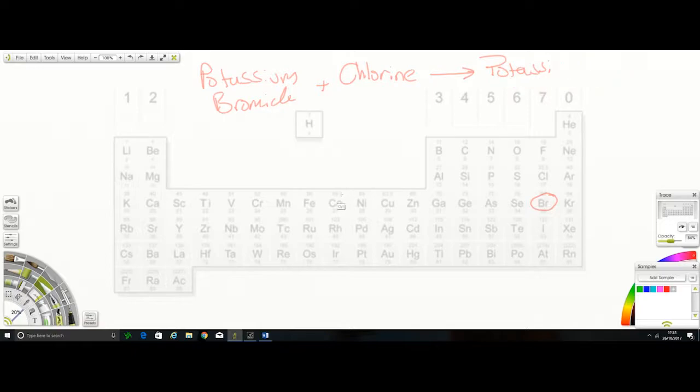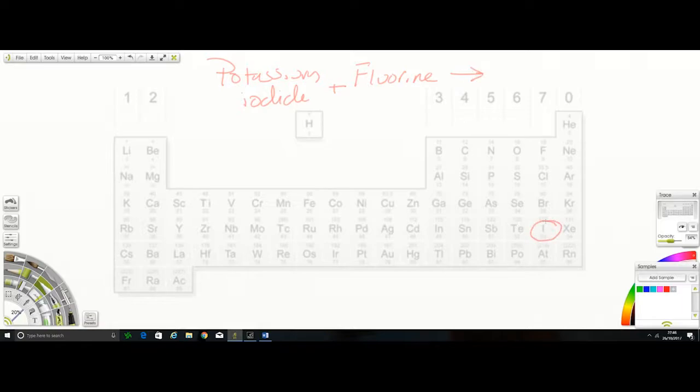Let me do one more and see if you can do it yourself. So I'll give you the word equation, pause it, see if you can do it yourself. Okay, so it's going to be, let's see, potassium iodide plus let's go with fluorine is going to make, now number one, will a reaction occur? So can we steal this by using fluorine?